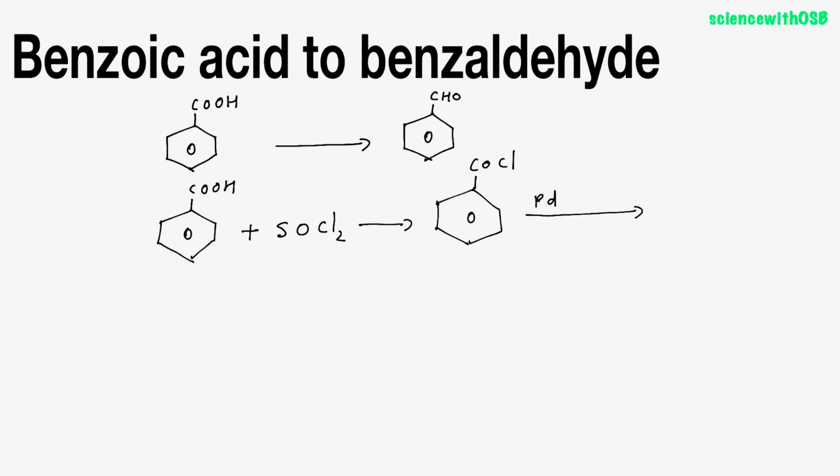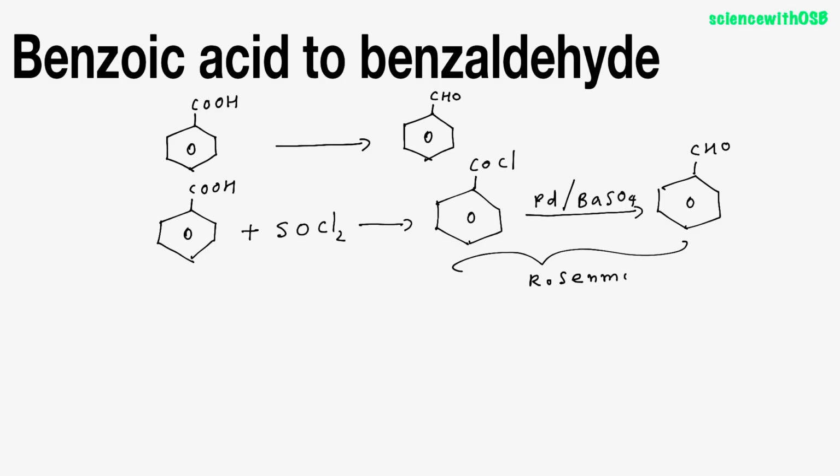You have to follow the steps of Rosenmund reduction, and what you will get? You will be getting benzaldehyde. See these steps, okay? This is from Rosenmund reduction, which you are supposed to learn by heart.